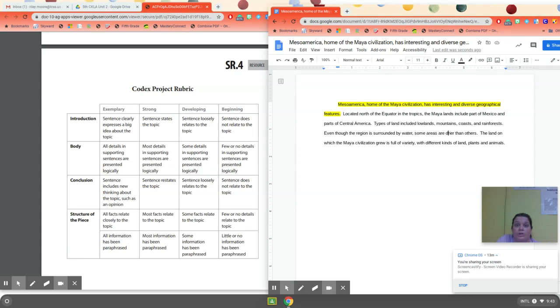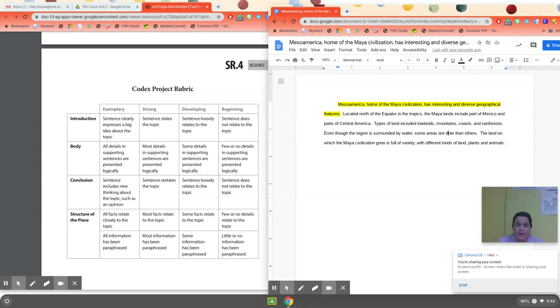Number one, do you know what my paragraph's going to be about? Yes, you do. You know it's going to be about Mesoamerica and geographic features. You know that because I gave you a clear and precise topic.